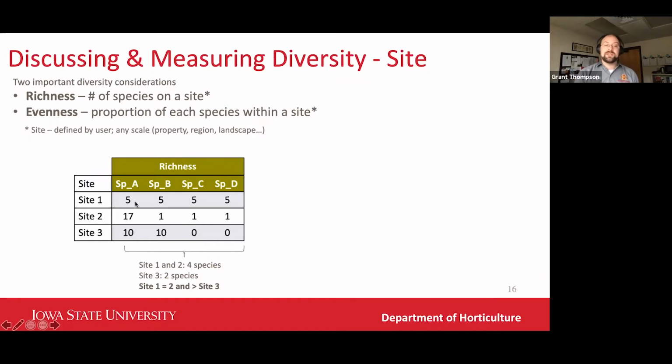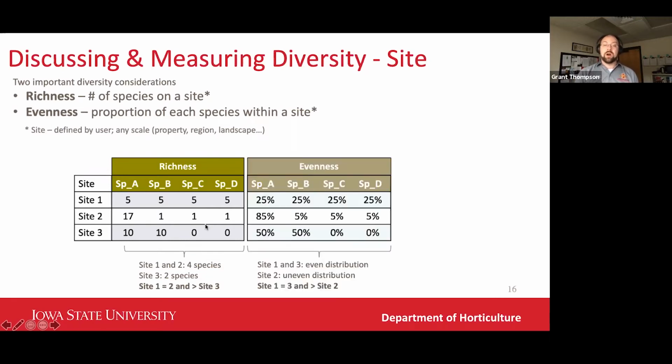But you can see that the distribution of those species, so the numeric counts of the individuals within those species, are a bit different. When we look at evenness or the relative proportion, we're trying to consider the distribution. So for example, we can look at site 1, which is even across the board. It's 25% of each of our 4 species.